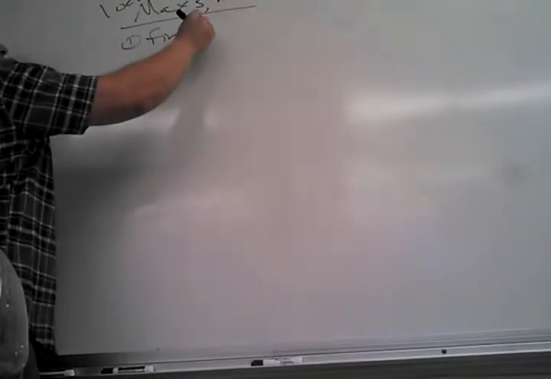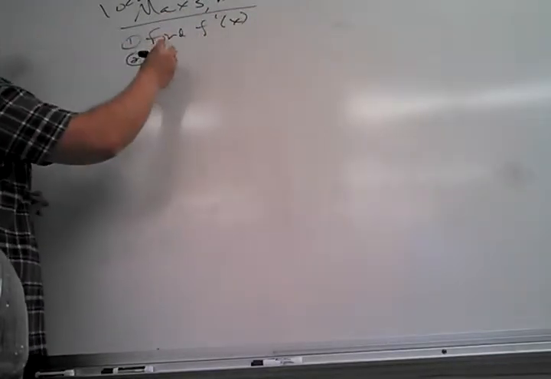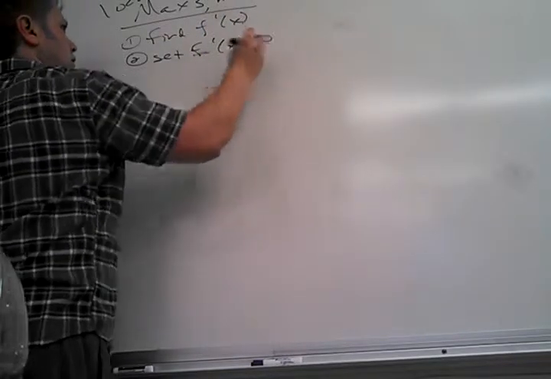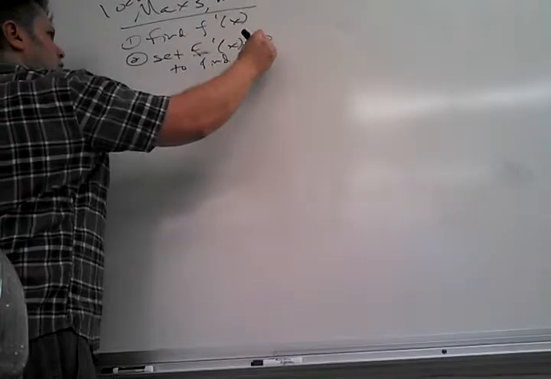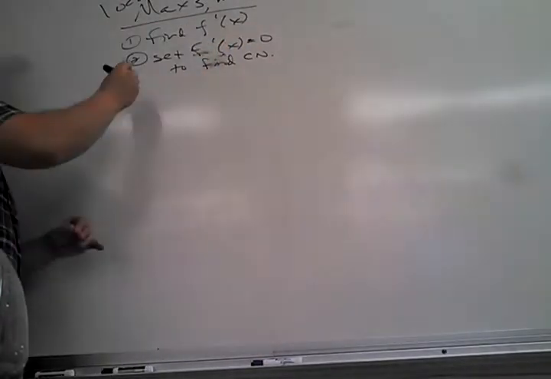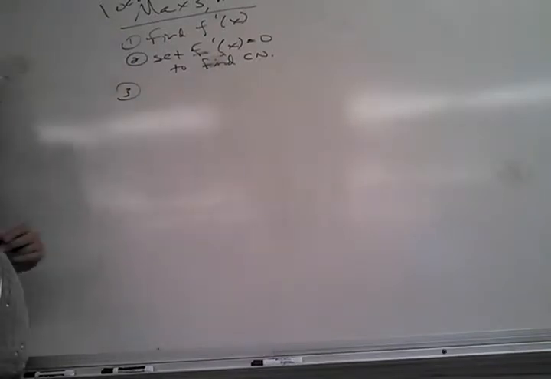These are the local maxes and mins. There is also the absolute one, but the local maxes and mins are more important generally because normally you have a function that doesn't have a restricted domain. You just want to know everything you can about it. And this involves what steps? Taking a derivative. You find f prime, set f prime to 0 to get the critical values, to find critical numbers. And you plug the critical numbers back in.